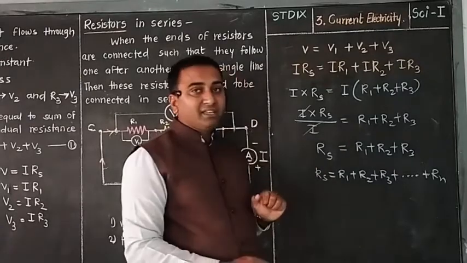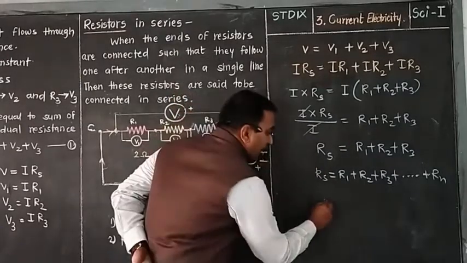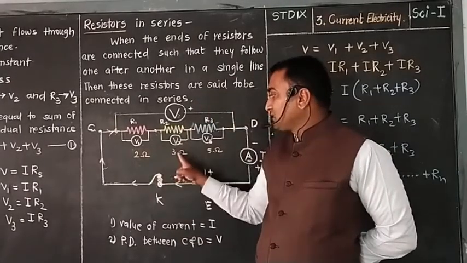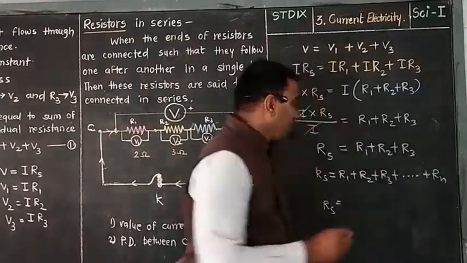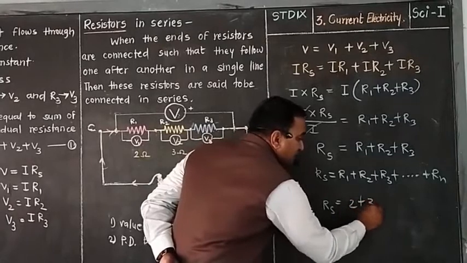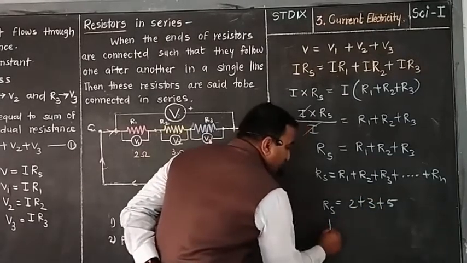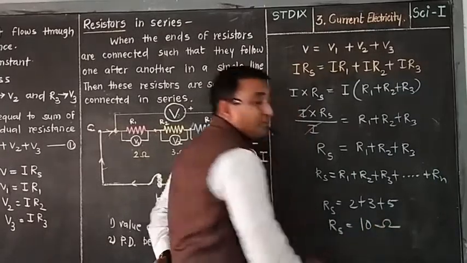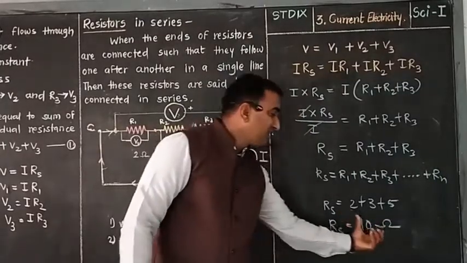Here we have only 3 resistances. So see here, RS is equal to, first resistance is 2, second 3, and here 5. So 2 plus 3 plus 5. So finally RS is equal to 10 ohm. So see here, the answer is 10 ohm.